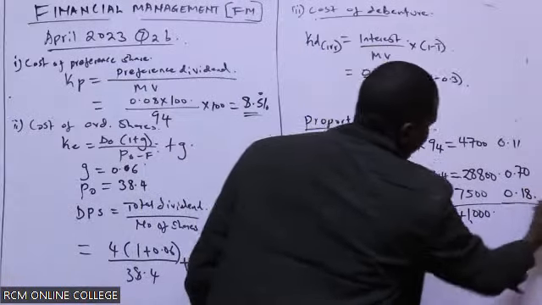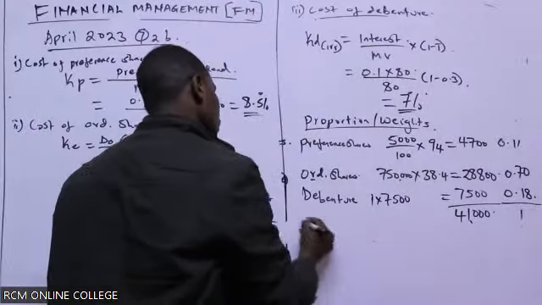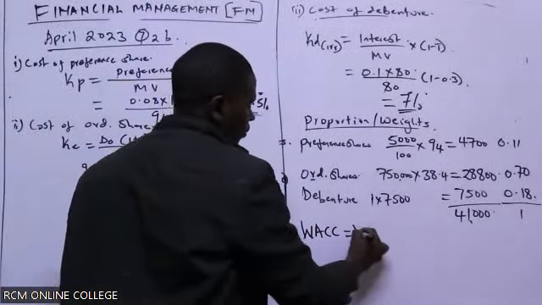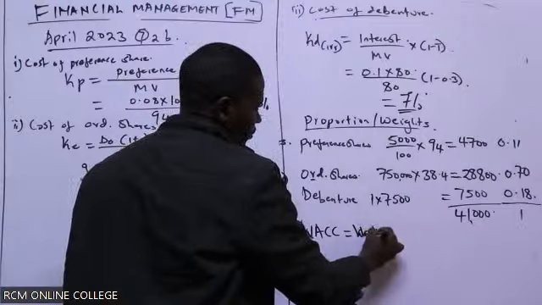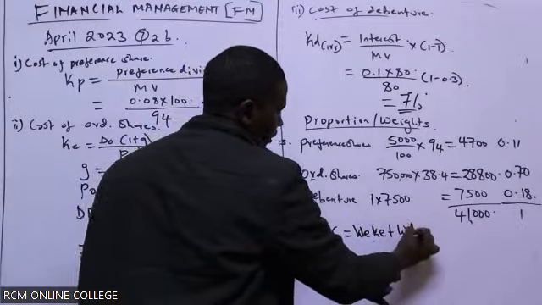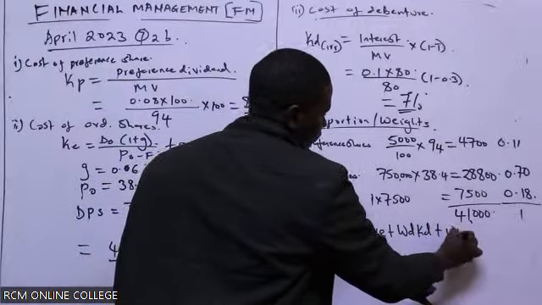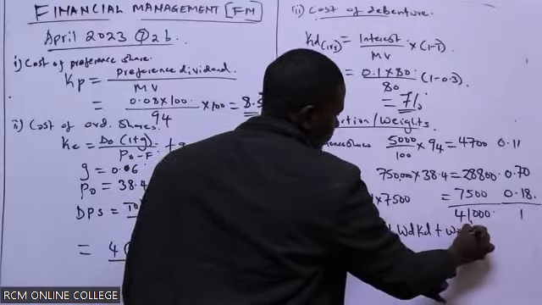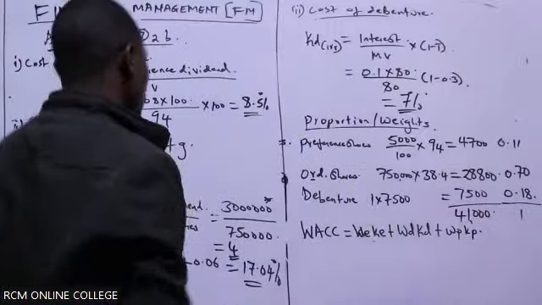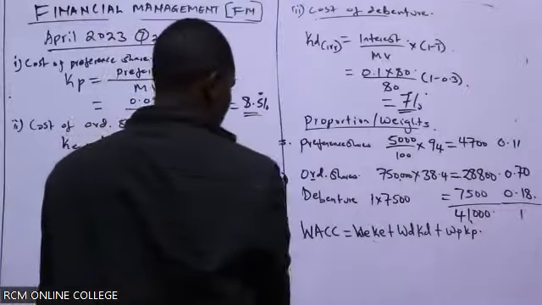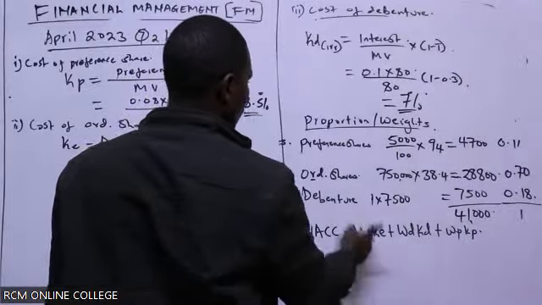Sasa ukiwa na hiyo ukiangalia unakuaga 1. So WACC is what they want. It will be weight of equity, cost of equity plus weight of debt, cost of debt plus weight of preference share, cost of preference share.